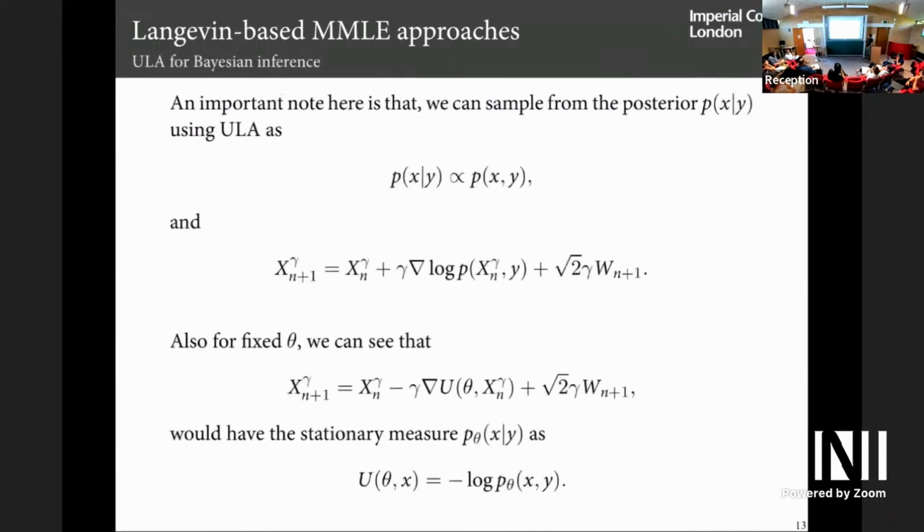So EULA is the unadjusted one. You're not using the Metropolis adjustment. No, so you don't ever have that kind of factor which the adjustment gives you. So you start finding a local maximum, in this case a local minimum.